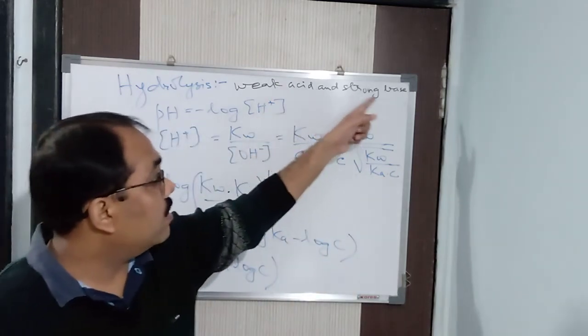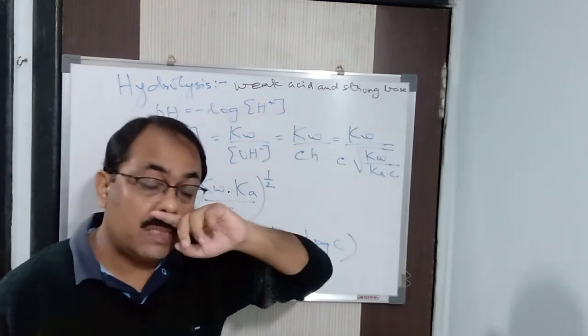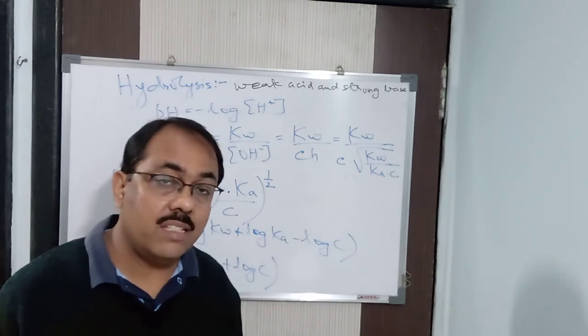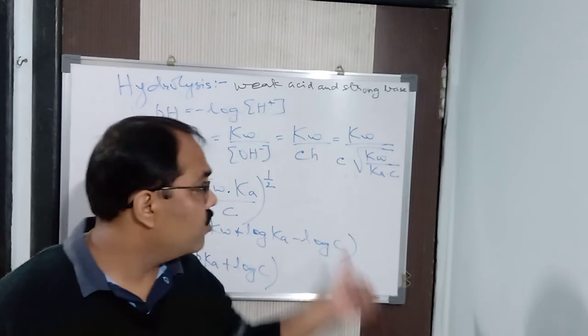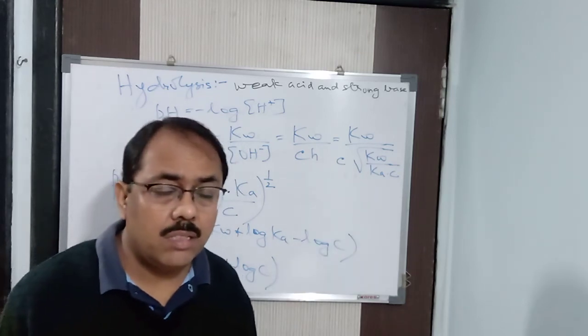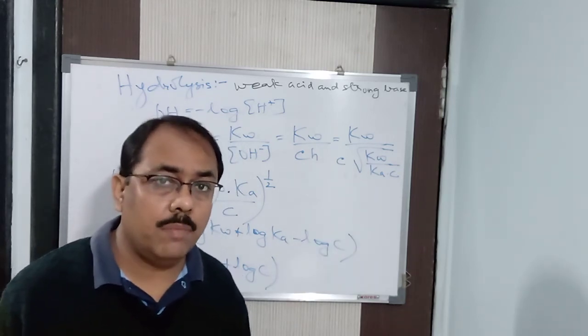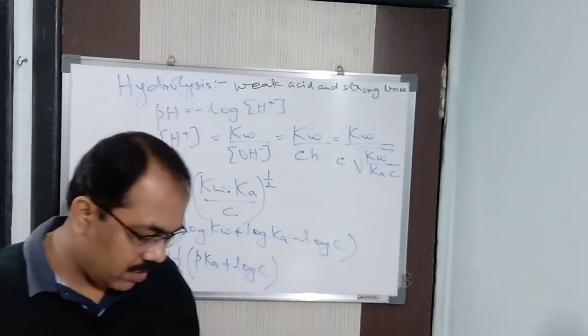Salt of weak acid and strong base. Some examples are sodium acetate, potassium acetate, potassium formate, potassium carbonate, and sodium carbonate.